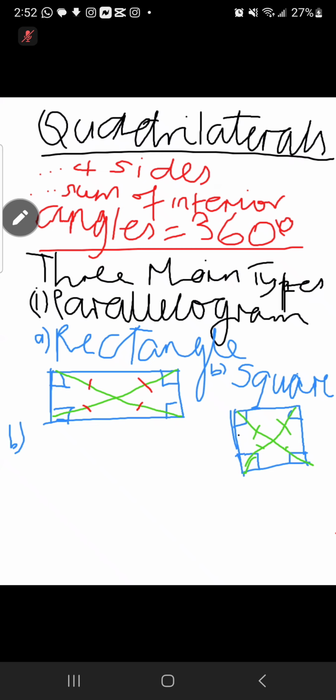All right. And the last type of quadrilateral we want to look at now is what we call the rhombus, R-H-O-M-B-U-S. So let's call this one C. I might have to use a different whiteboard again.